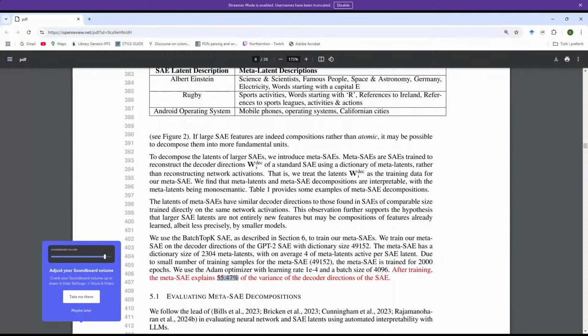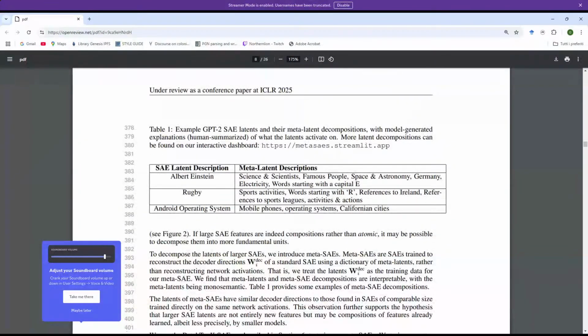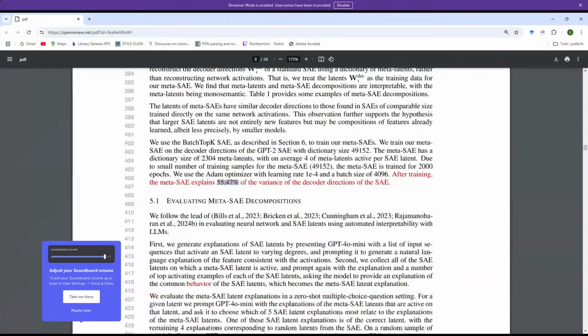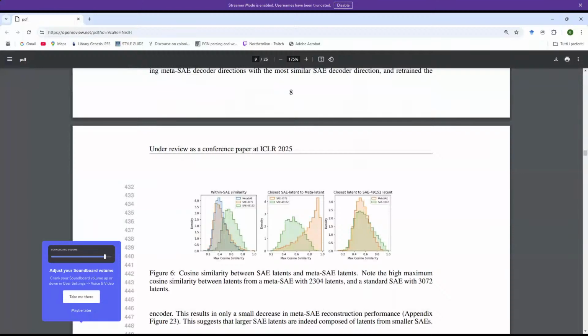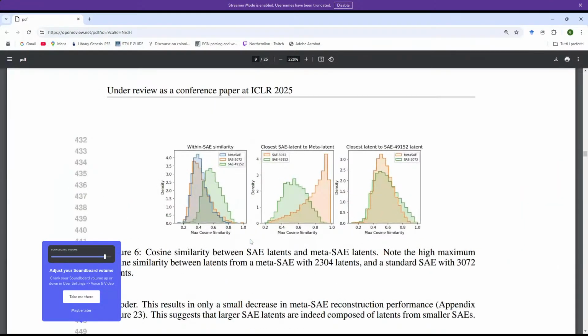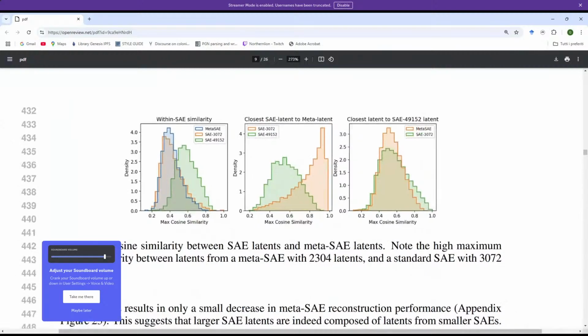Yeah, this was something. There's not much more about the meta SAEs than this. They show this graph where they compare the cosine similarity.